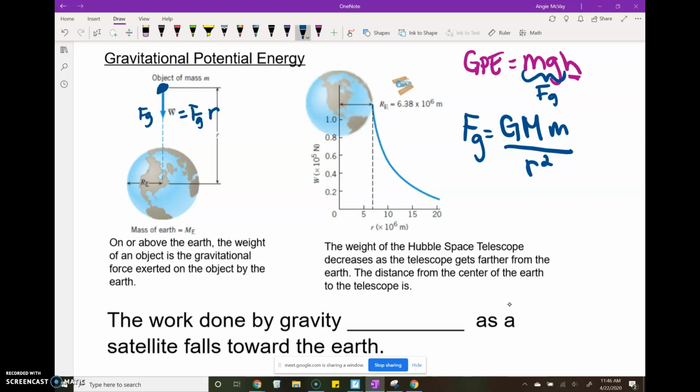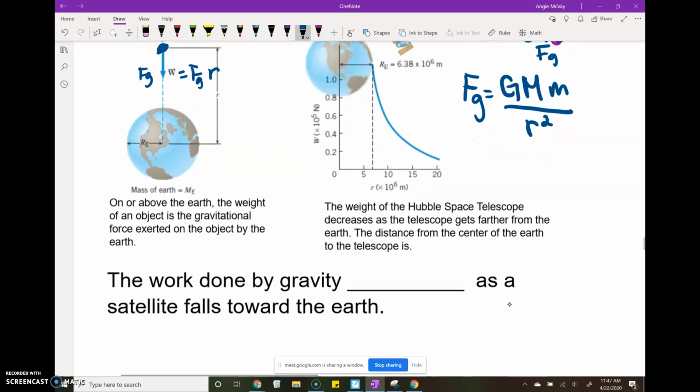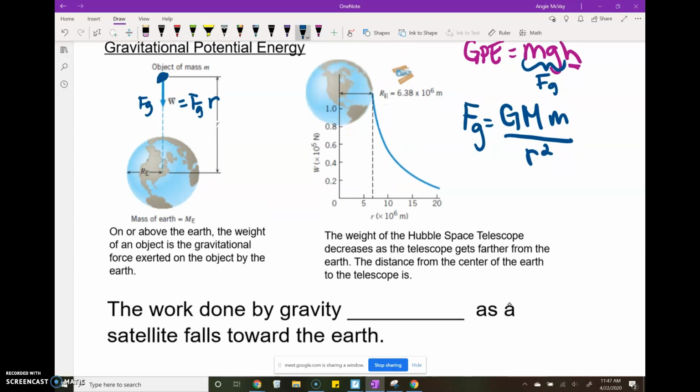Okay. So as we get closer and closer to the Earth, the work done is more and more. So the work done by gravity as the satellite falls towards the Earth increases.